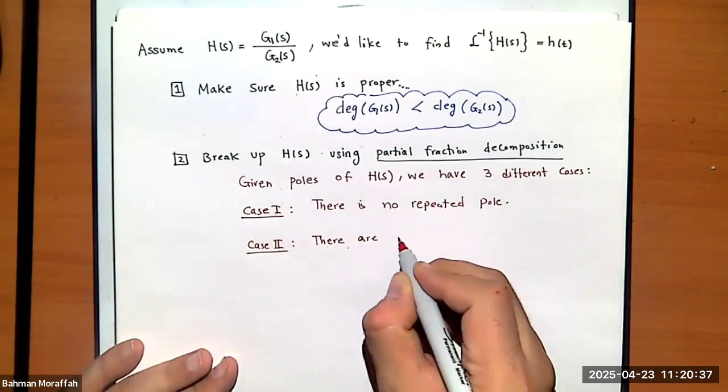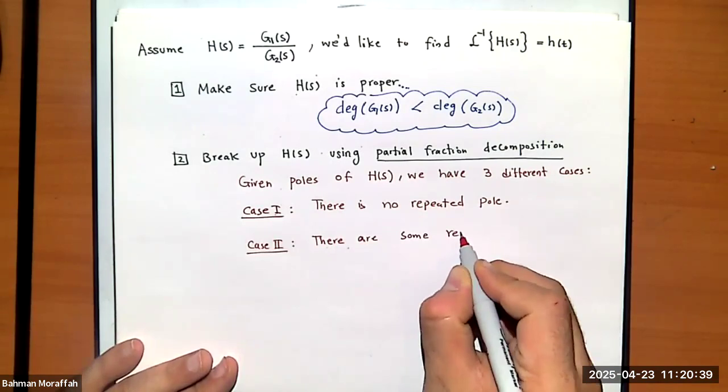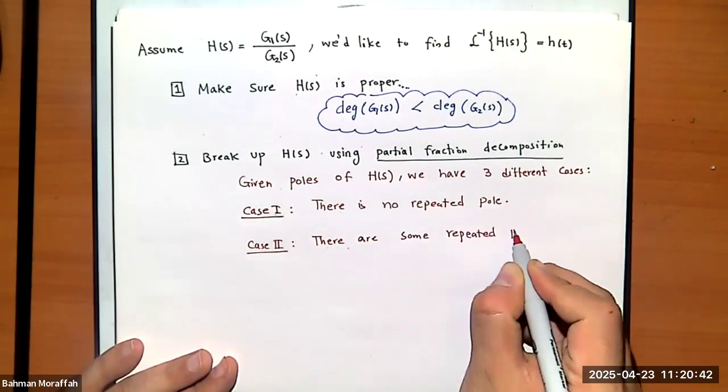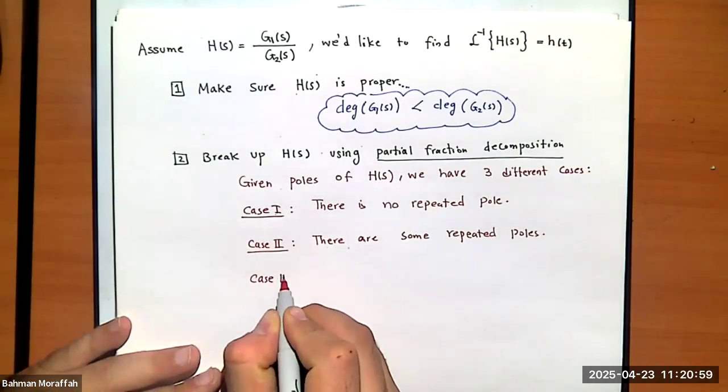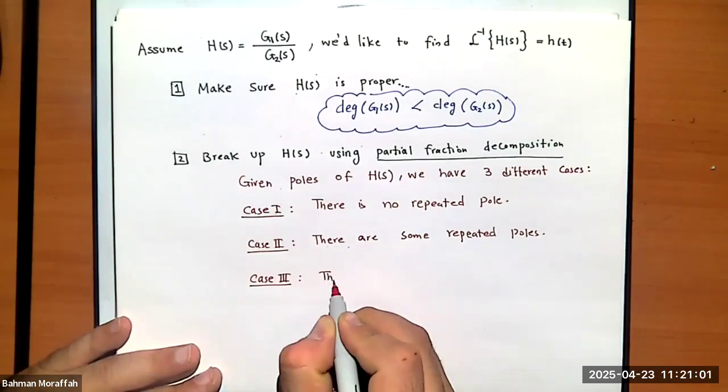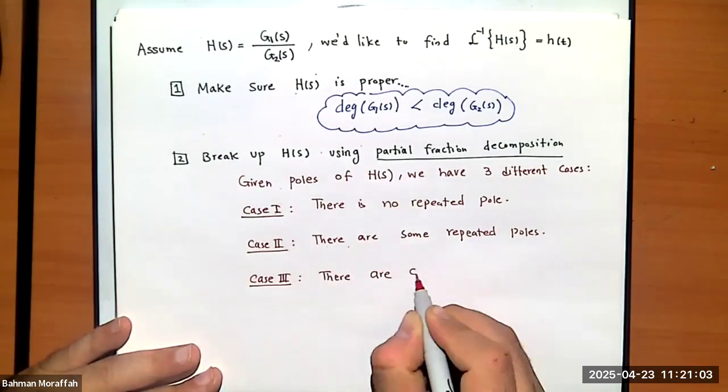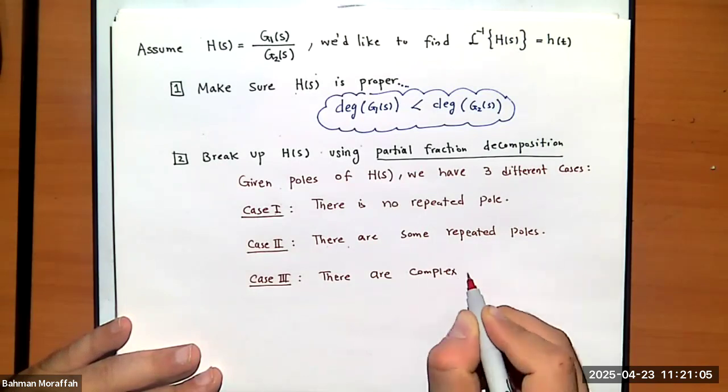The last case is, in addition to case one and case two, I might have complex poles. So case three: there are complex poles.